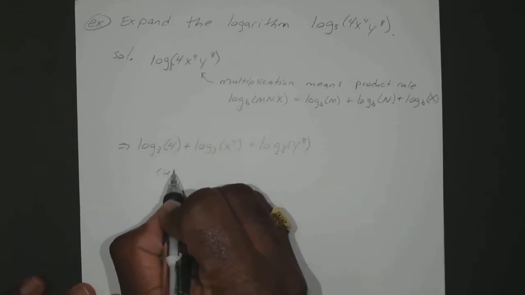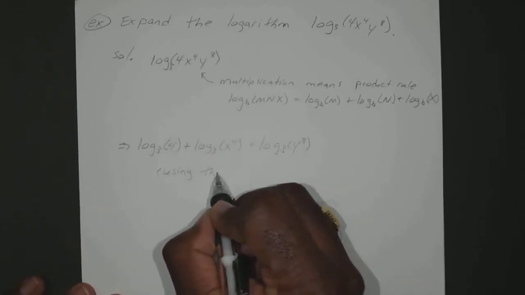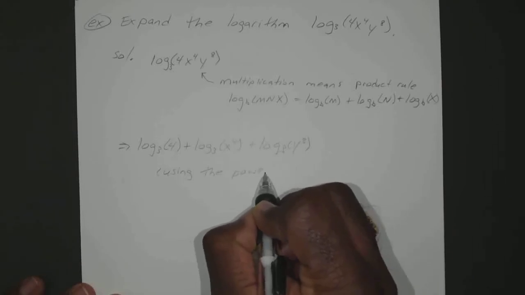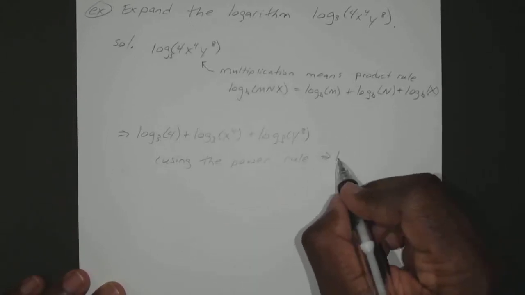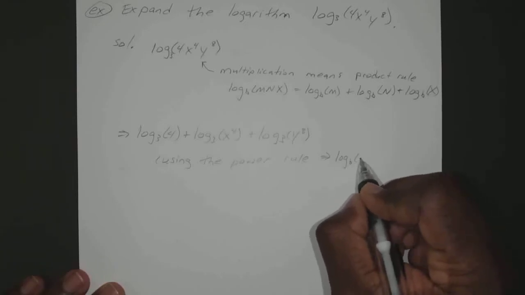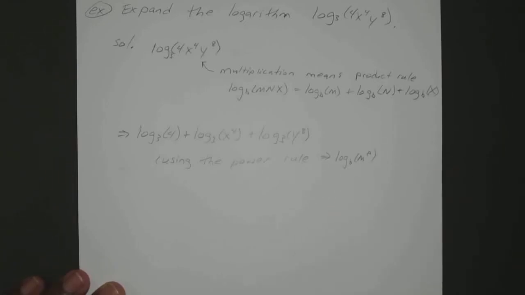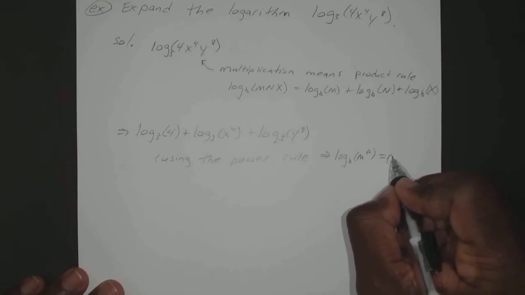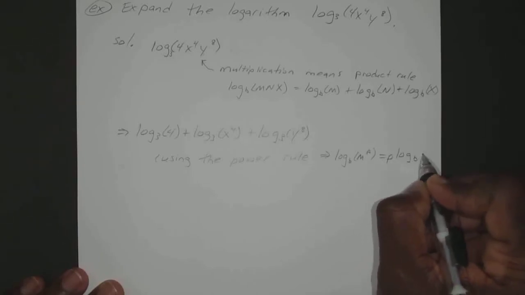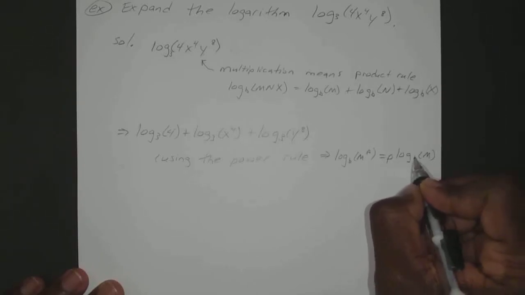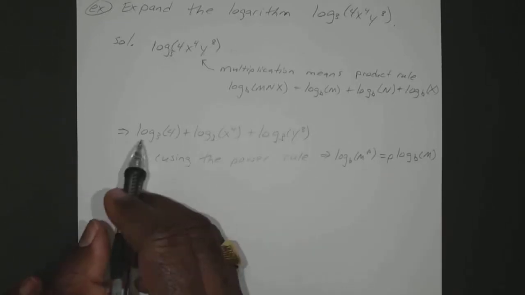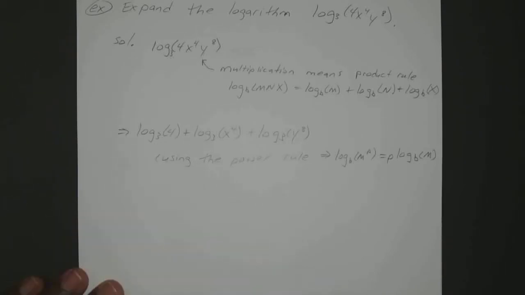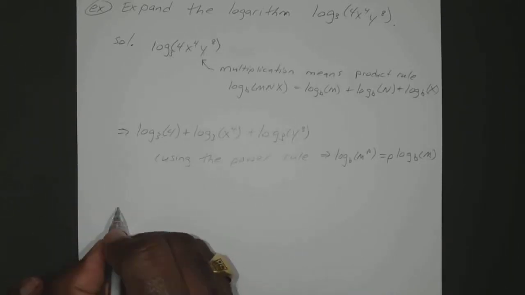So now, using the power rule, remember the power rule is just log base b of m to the power of p is equal to p times log base b of m. So for this term, you don't have an exponent, so you're pretty set there.